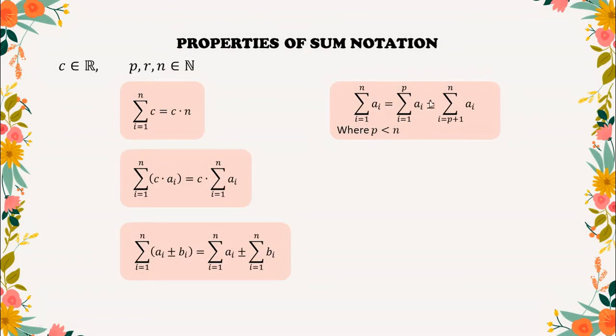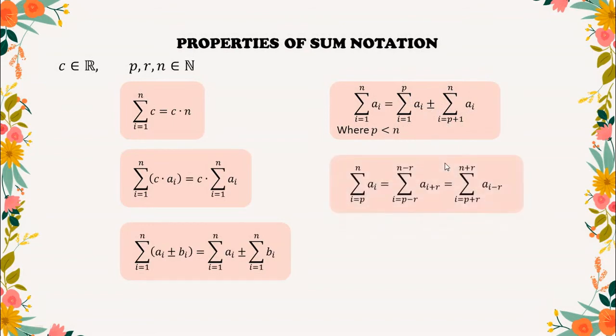You can write another symbol, like this one is n, so we put p: i equals 1 until p of a_i plus sigma. Remember, when you put the p, in here it changes to i equals p plus 1 until n of a_i. But remember, p is less than n.